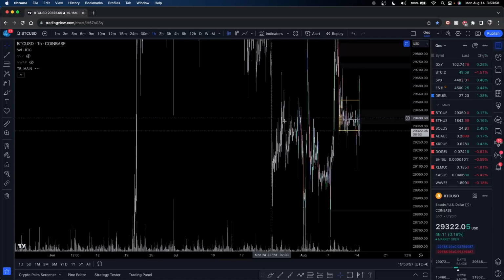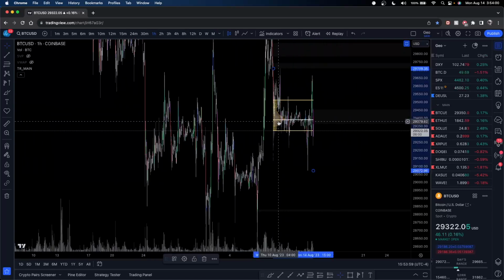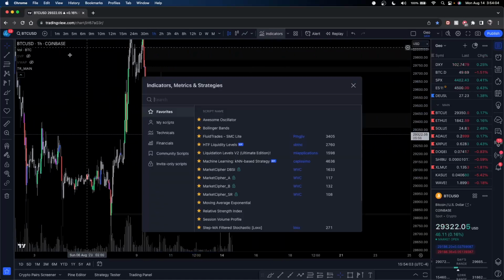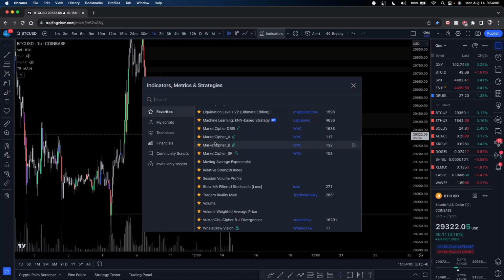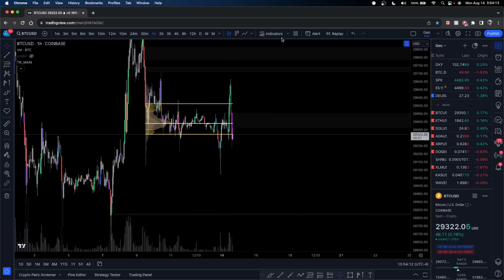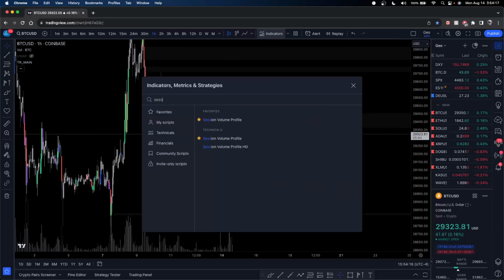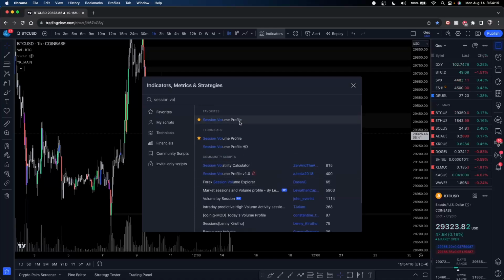So, this next indicator that I'm going to go over, you do need to have premium TradingView for, and it's this one here, SVP, which is session volume profile. If you don't know, you go to indicators, you just type session volume profile, and it's this one.